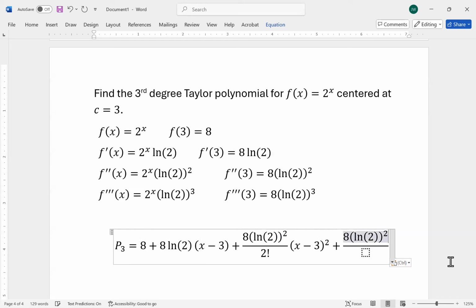But that's the third degree polynomial we were looking for. And that would be a very good approximation of 2 to the x power when we're at x values that are really close to 3. And again, you may think, well, why do I care about all of this stuff?